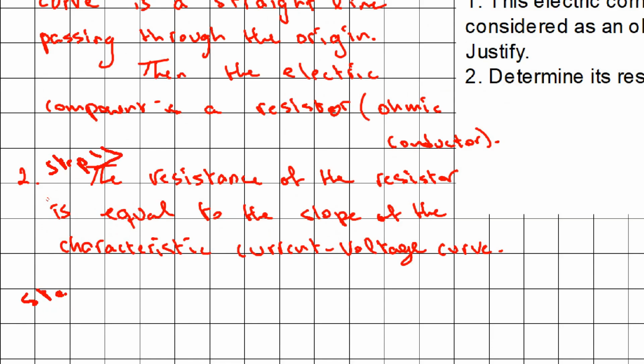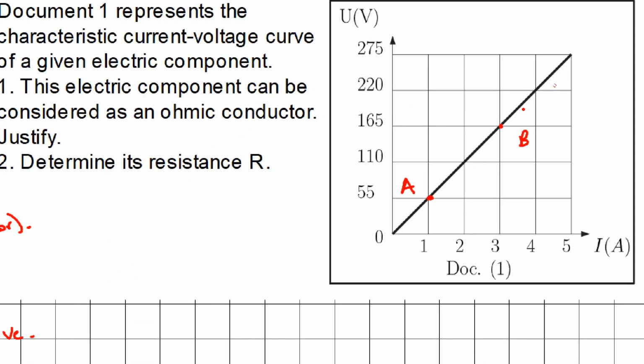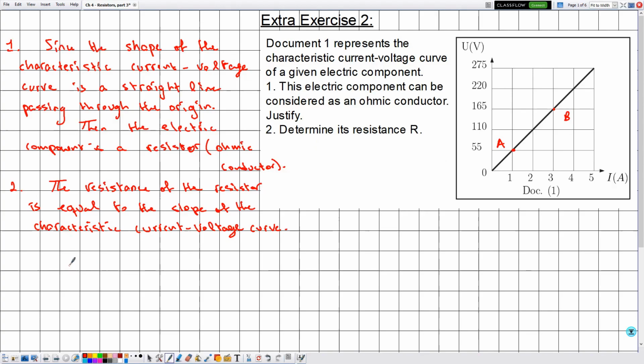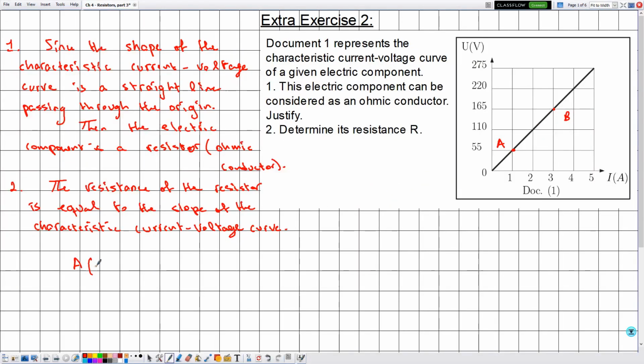Step number 2 is to choose any 2 points belonging to the curve. Then let's choose the point A and another point, which is the point B. So we can choose any 2 points belonging to this curve. The coordinates of the point A are given by, so we always start by the current then the voltage, 1 ampere and 55 volts.